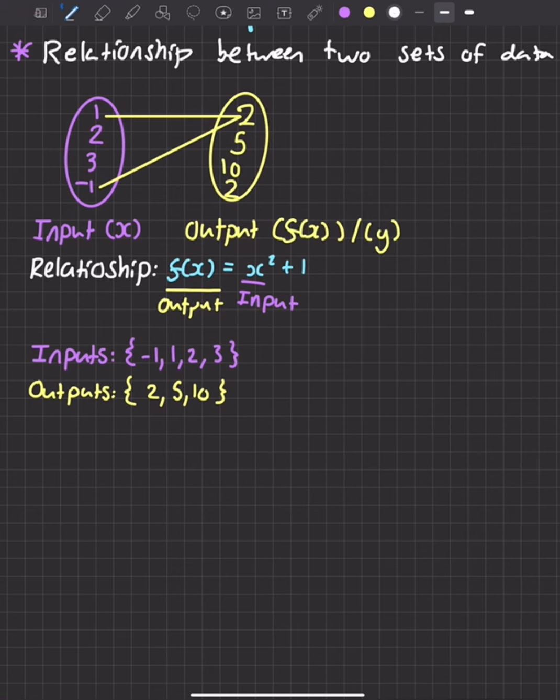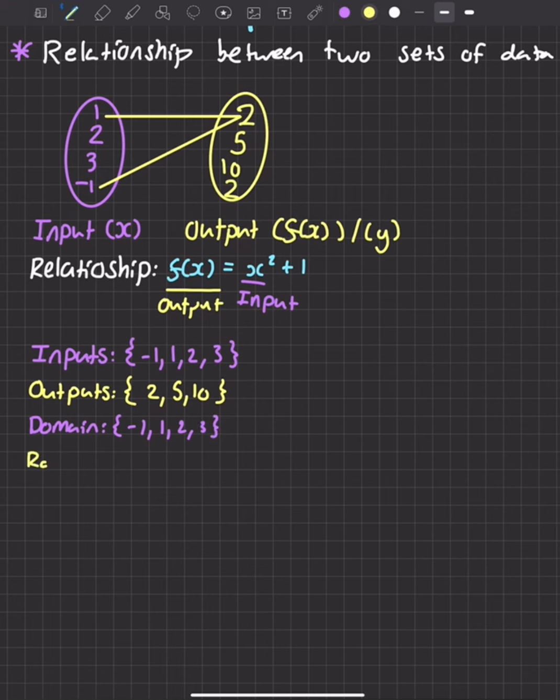Well, you wouldn't see a question that says f of x has the inputs 1, 2, and 3. You'd see questions which say f of x has the domain 1, 2, and 3. So your domain is basically the set of all inputs you have for a function. So for this question, your domain is just minus 1, 1, 2, and 3.